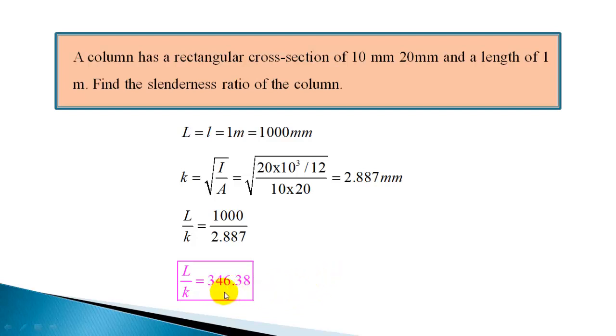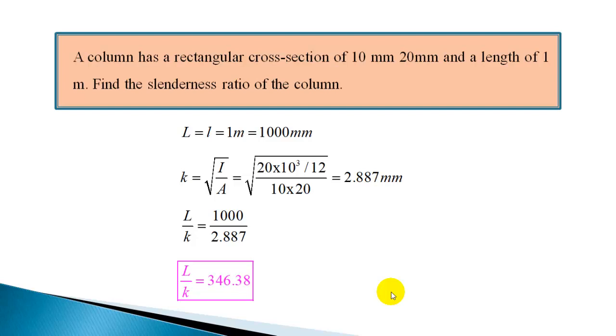If this option is not there, then you can check whether twice of this is there, or half of this is there, or divided by root 2 of that value. If those options are there, you can select it, because they have not mentioned the type of end condition.